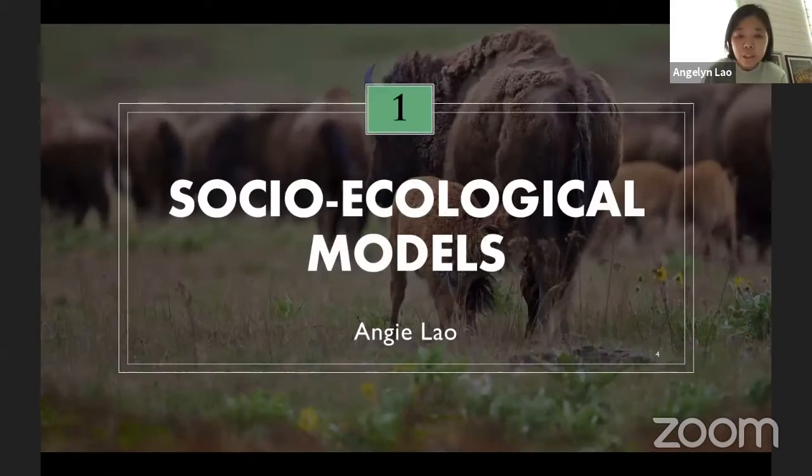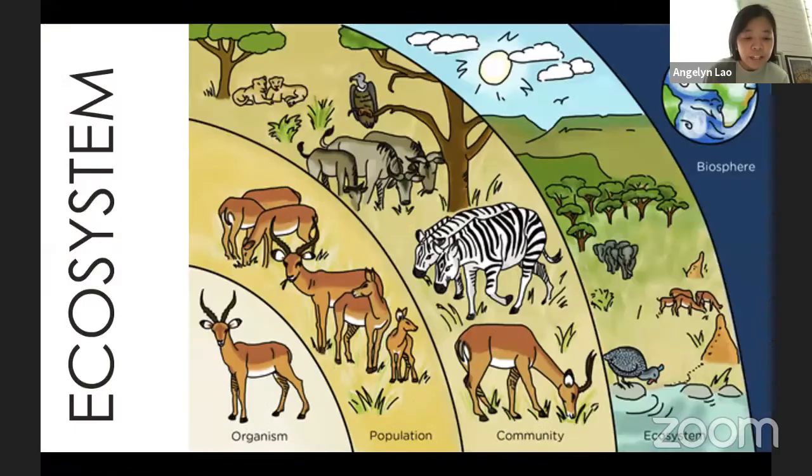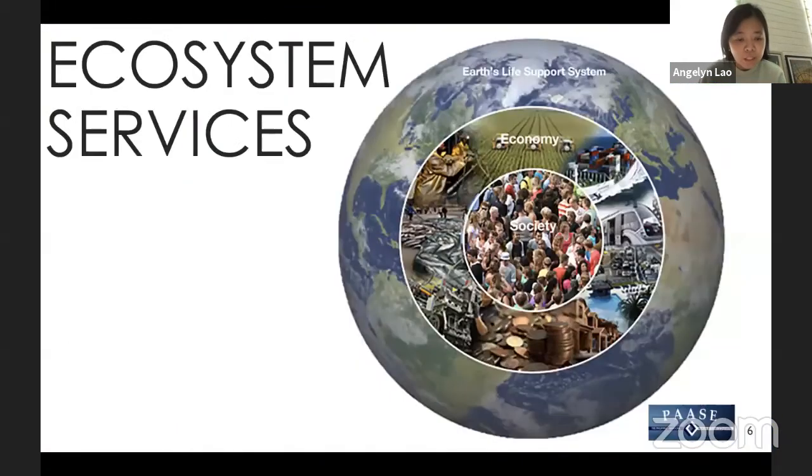To start, I'll first define ecosystem. So it is a biological community of interacting organisms and their physical environment. So ecosystem services are essential to civilization or to the society. However, many of our activities, like the human activities that we have, are actually destroying the natural ecosystems.